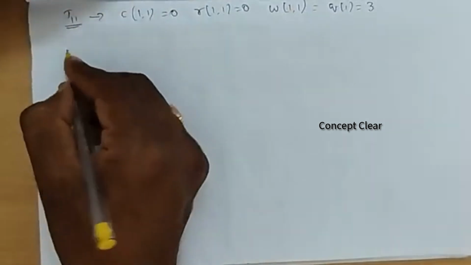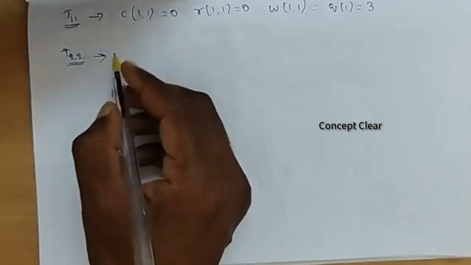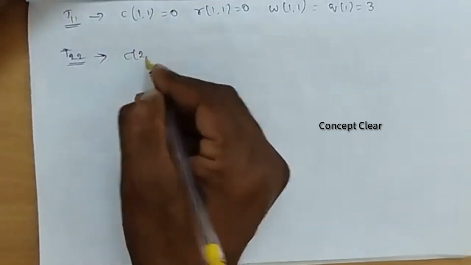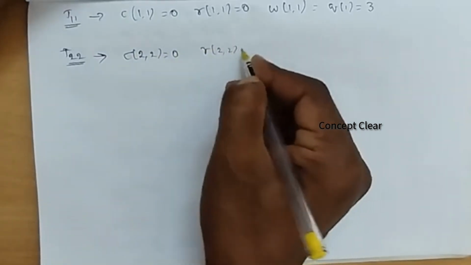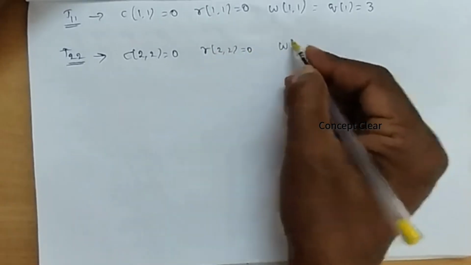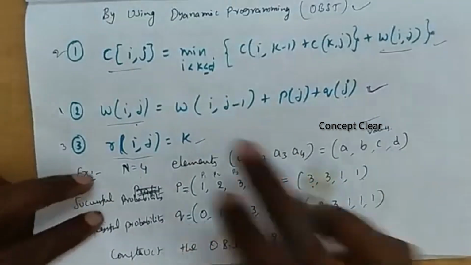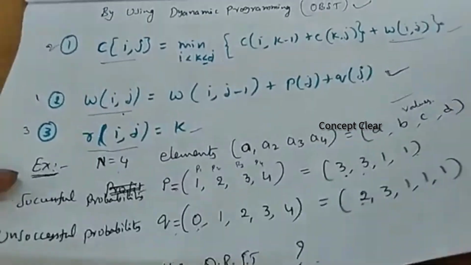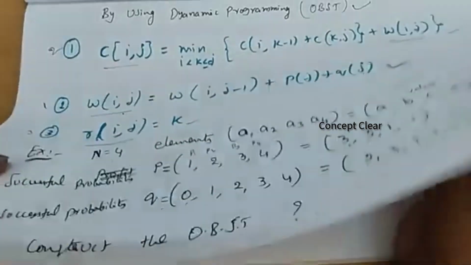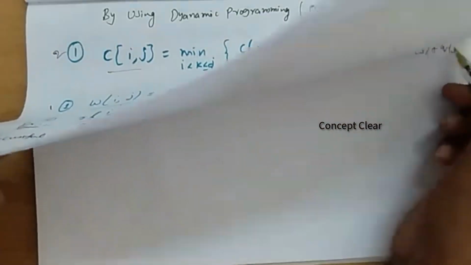And same like that, T22. Here I am writing T22 directly. Here also C2 comma 2 equals 0. R2 comma 2 equals 0. And W of 2 comma 2. If you substitute in this equation, we will get W of 2 comma 2 minus 1 plus P of j plus Q of j.